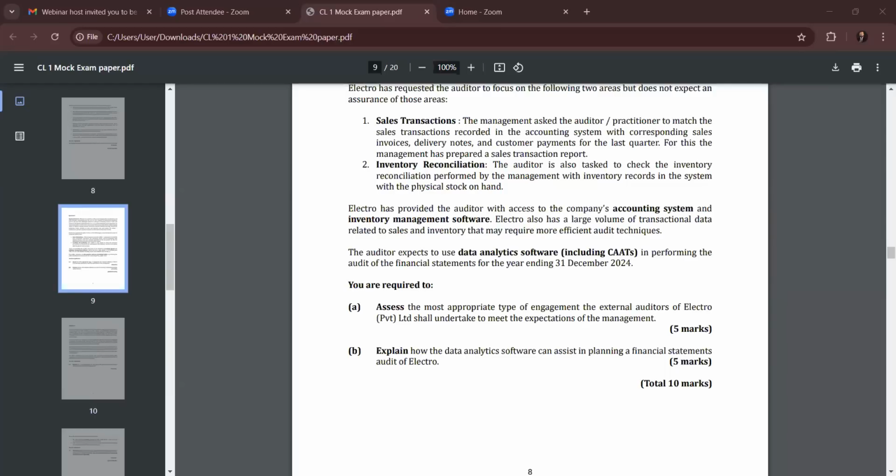What is the most appropriate type of engagement? This is a question which may be coming from the assurance engagement topic, right? So what type of engagement do you have to do?